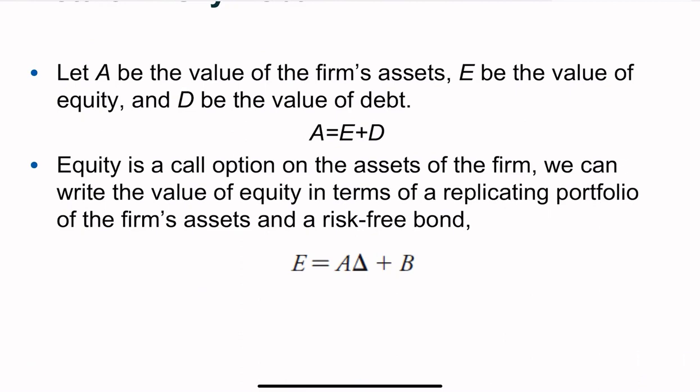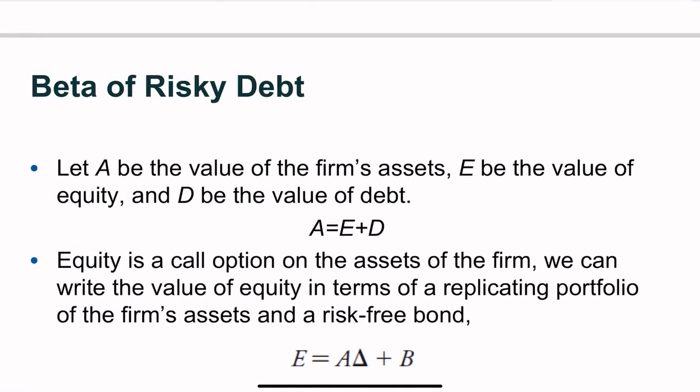First, we learned in the last lecture that equity can be considered as a call option on the firm's asset, right? So it basically means equity can be written as A times delta plus B. So A is the firm's asset. This is really the idea of a replicating portfolio.